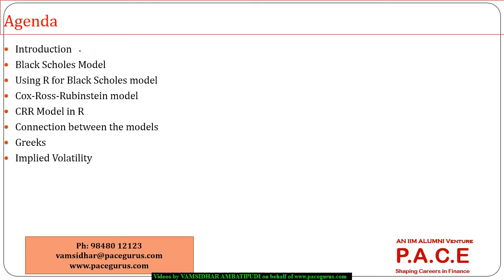We'll have a brief introduction to what are derivatives and what are options per se. Then we'll talk about two major models for valuing the options or finding the price of the options. We'll bring in the Black-Scholes model, and we'll also talk about the Cox-Ross-Rubinstein model, otherwise called the binomial tree model.